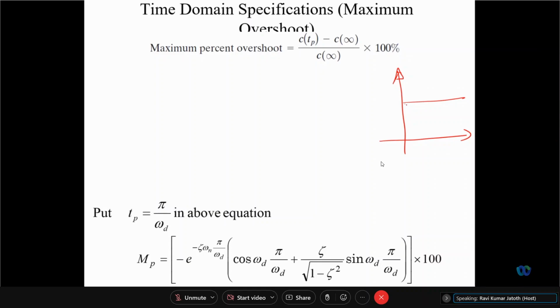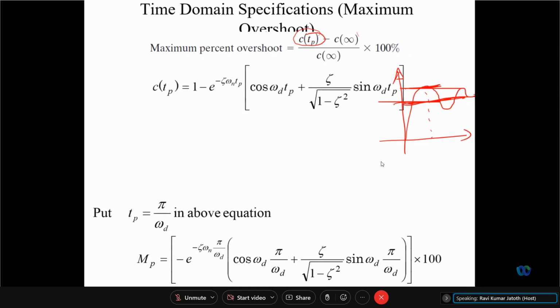Okay. So now to get overshoot, what should we do? This is the overshoot, right? This particular part minus this part. So we are going to get C of Tp, and this is C of infinity, the maximum overshoot is where it touches.